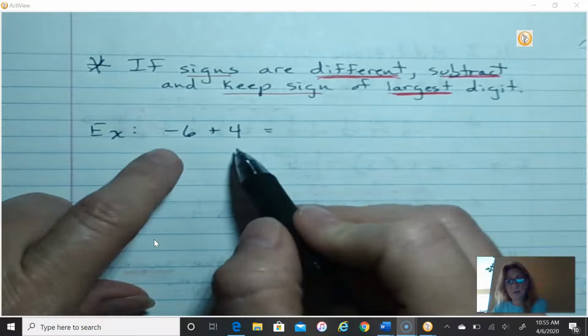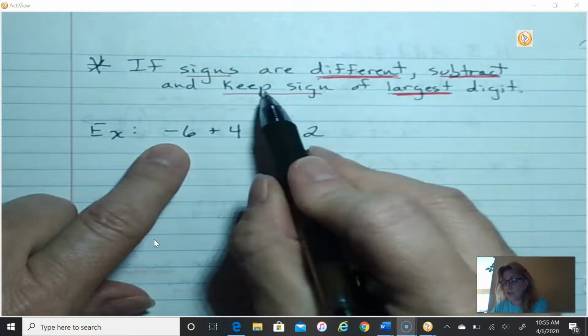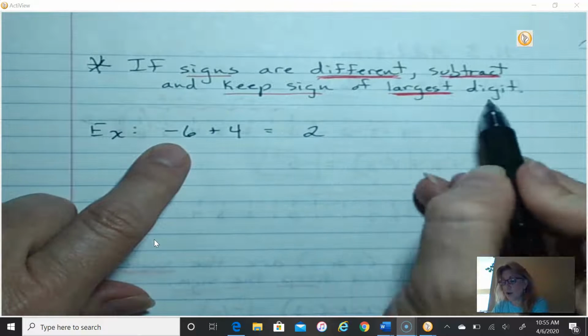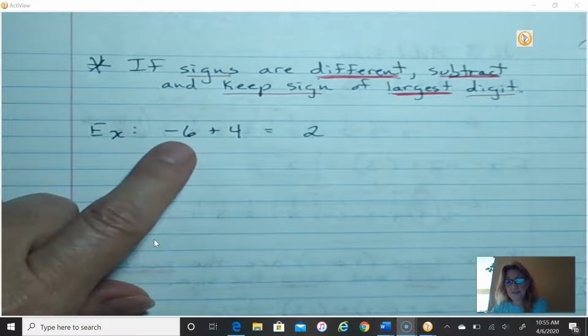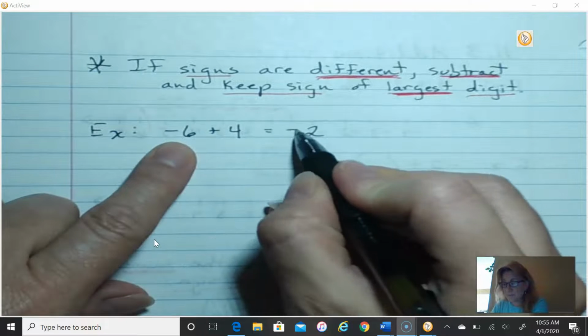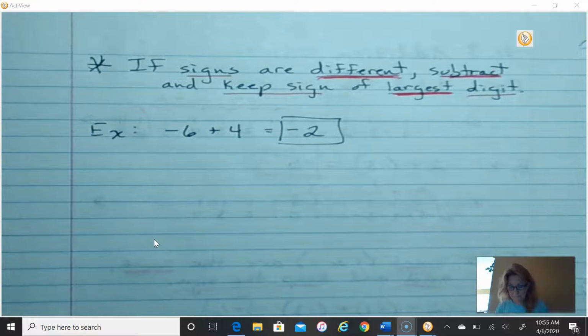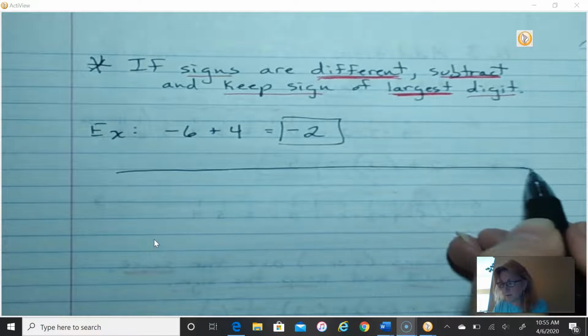So 6 minus 4 is what? 2. And you keep the sign of the largest digit. Largest digit is 6. It's a negative, right? There's your answer. I'm going to show you on the number line.